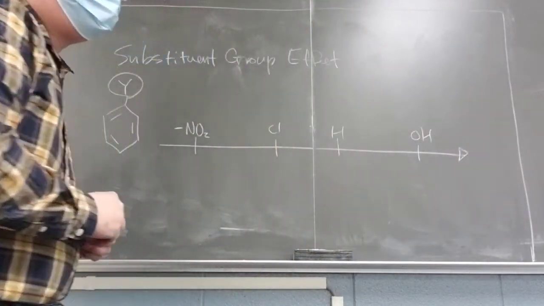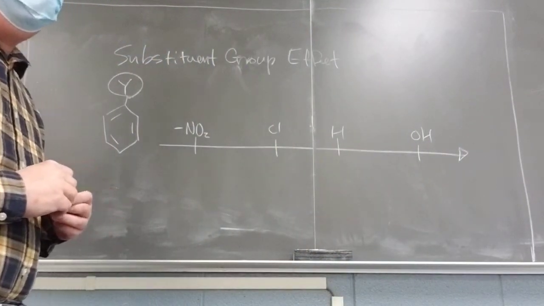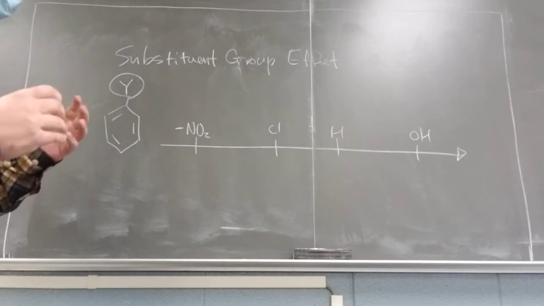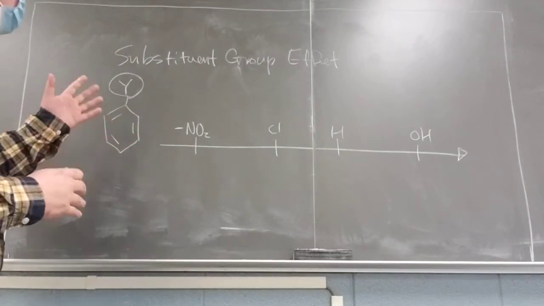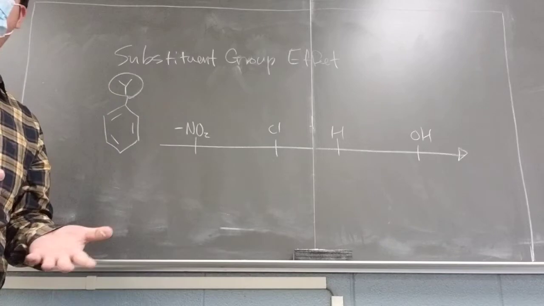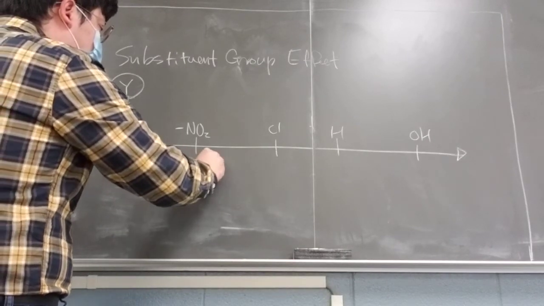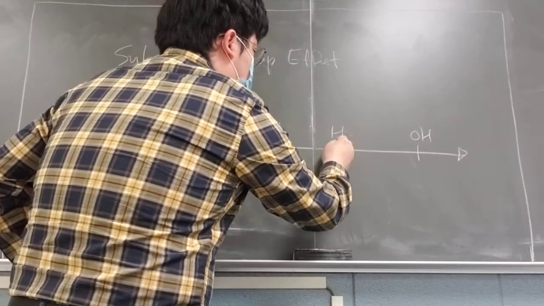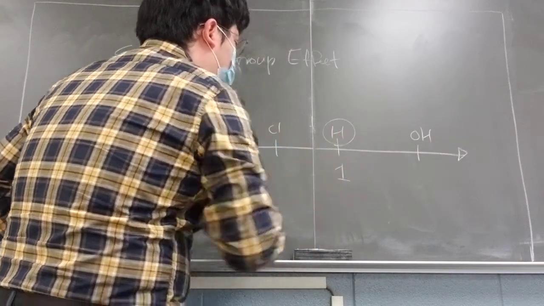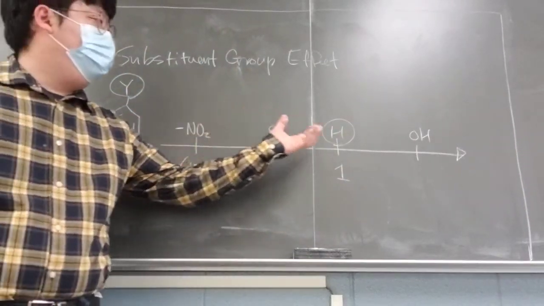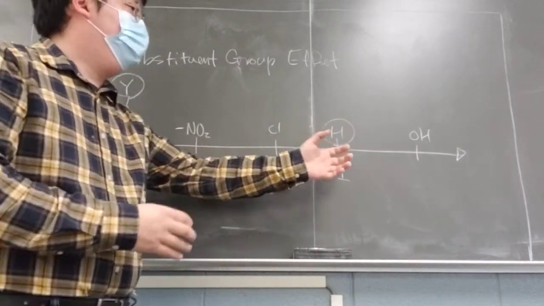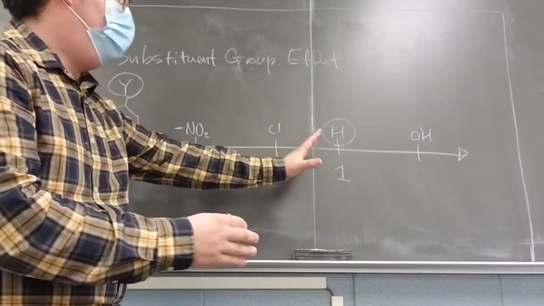Okay. So in that case, you're going to have a different reactivity based on what substituting group is attached to your aromatic compound. So this is about a very low number. So here, this is our standard. This is number 1, meaning if that determines the speed of the reactions, this will be our standard as 1.